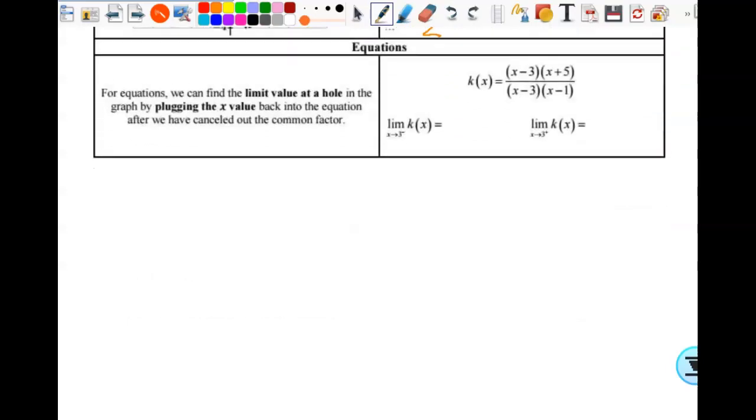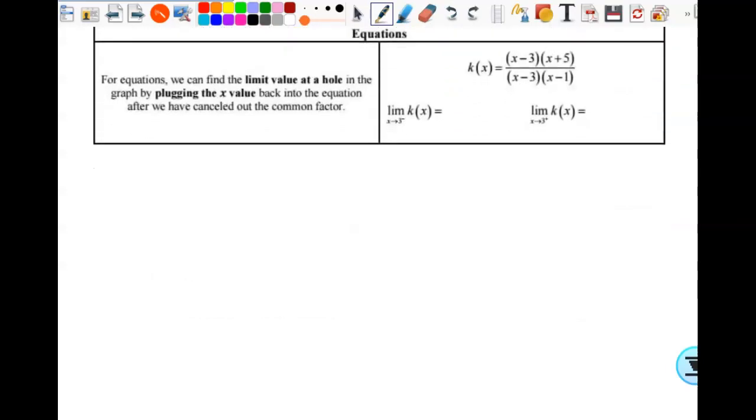Okie dokie. Let's look at the equations here. So, for equations, we can find the limit value at a hole by plugging in the x value. So when I look at k of x, the first thing I do is ask is there anything that I can cancel out? And yes, there is. So this means that I have a hole at x equals 3.